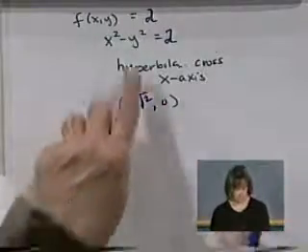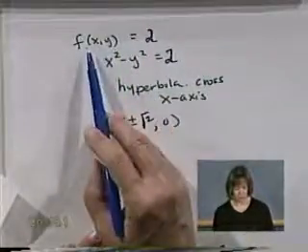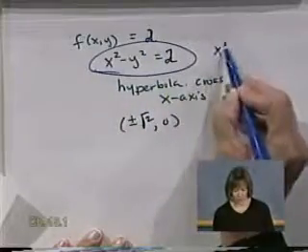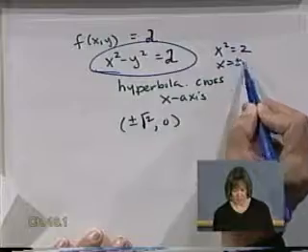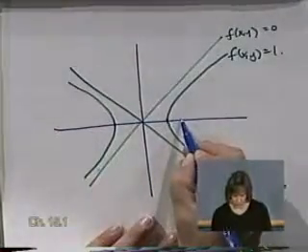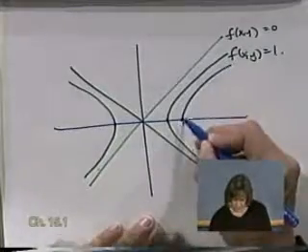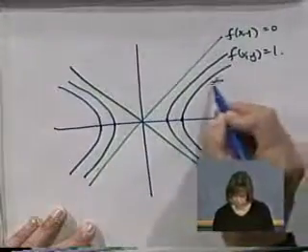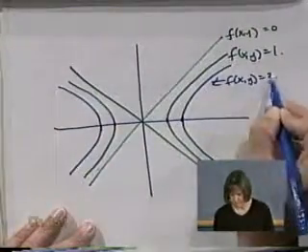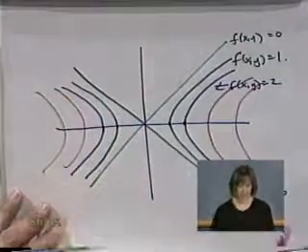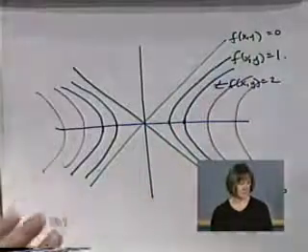Well, root 2 is about 1.4, so your hyperbola is going to look something like a little bit further over. Well, you get the picture. You're going to have a hyperbola out here. You with me? Another one out here, right? I wonder, do I get any up here?